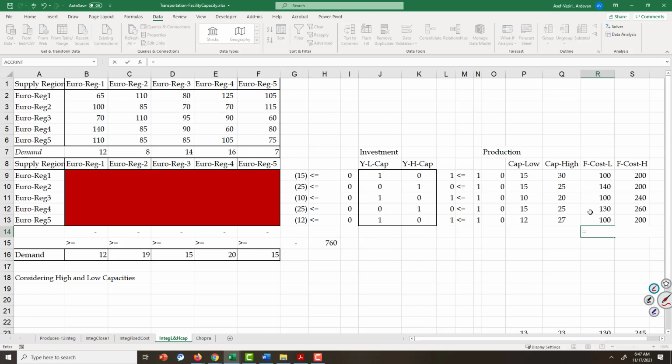And then we have the sum product of these costs, fixed cost high, fixed cost low, multiplied by the corresponding decision variables.